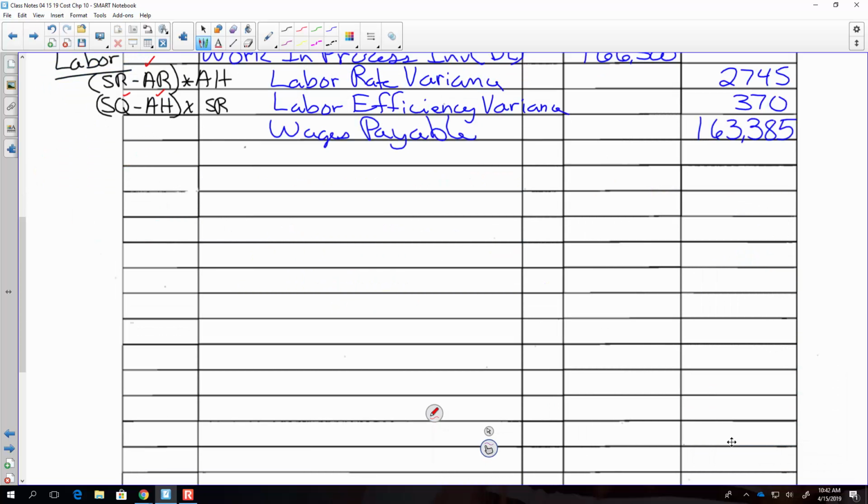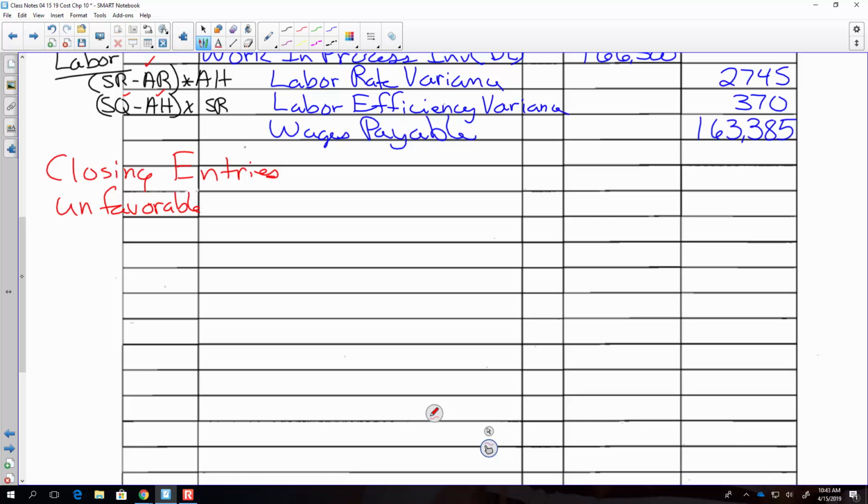For our closing entries then, the textbook author wants us to close the unfavorable variances first, and we'll do them together, both material and labor together, and then second close the favorable.